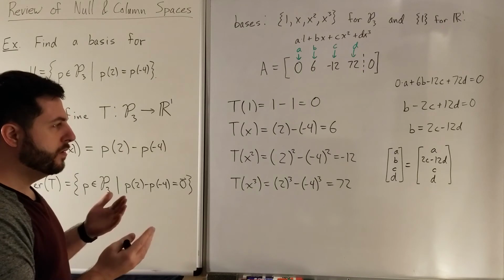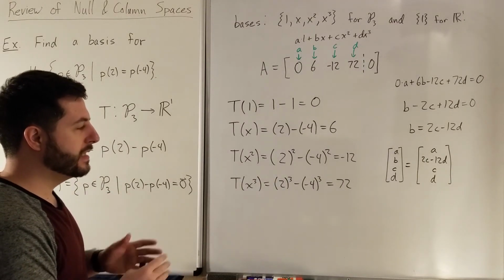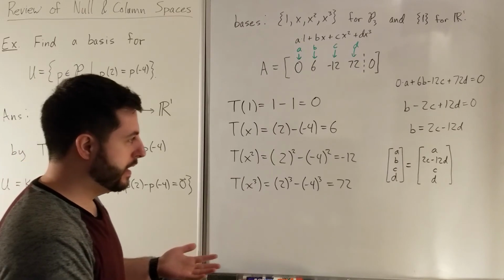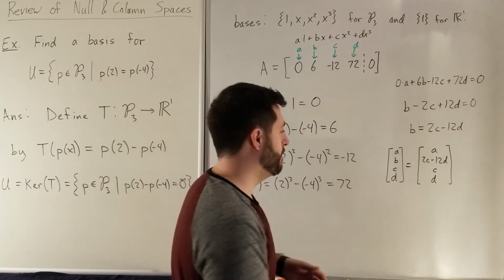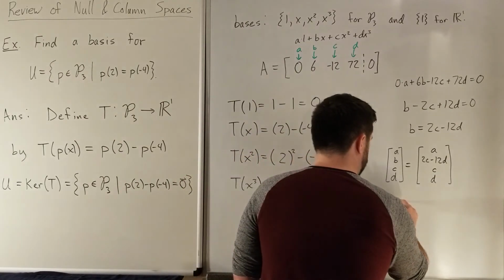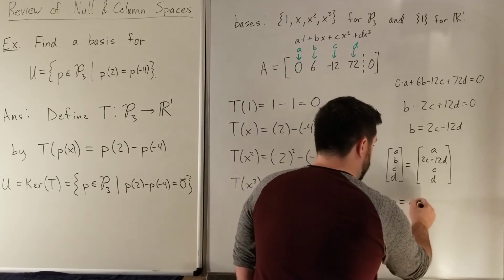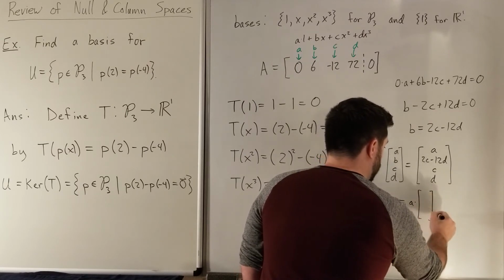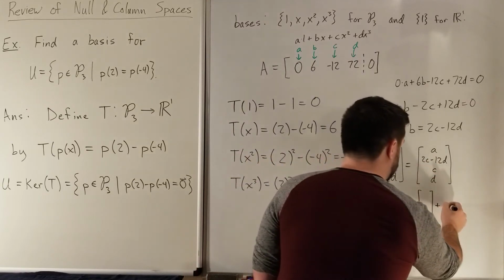All right, so we now want to rewrite this so it looks like a linear combination of some normal looking vectors that don't have A, B, C, and D in them. Okay. So I'm going to say this is equal to A times something plus B times something. I'm going to skip over that because there's no B's in here.